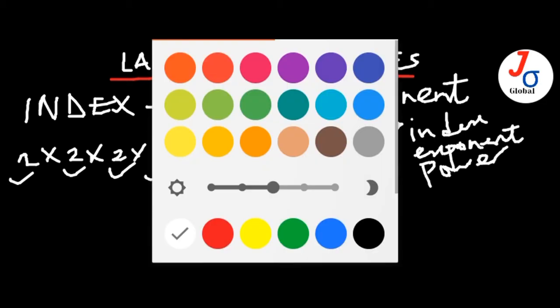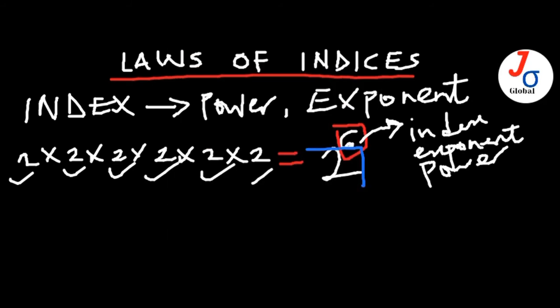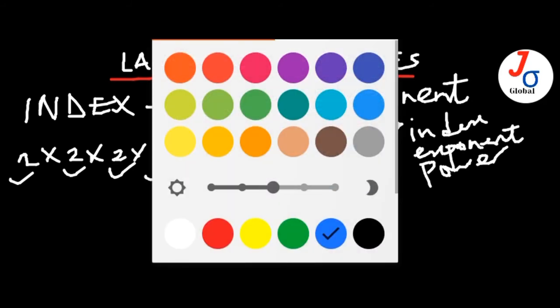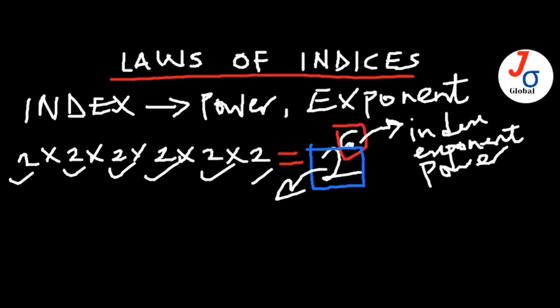Then this 2 here is called the base. So we have 2 raised to the power of 6. 6 is the index, or you can call it the exponent or the power, while 2 is the base. So now let's dive into the laws.